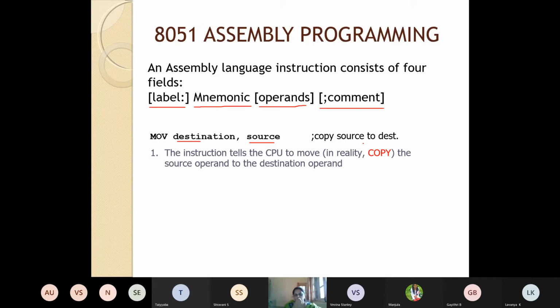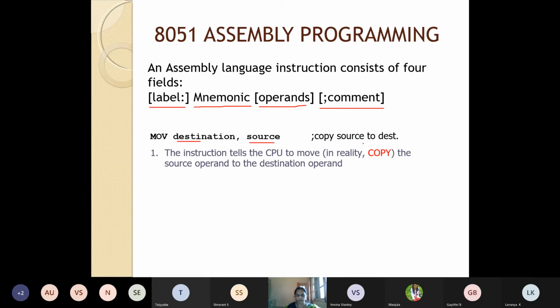So this is about assembly language programming. It uses instructions or mnemonics. Using these instructions, we instruct the CPU to perform the given task. The format of the instruction is: a label, which is optional, followed by a colon.